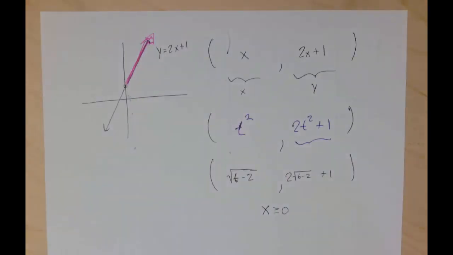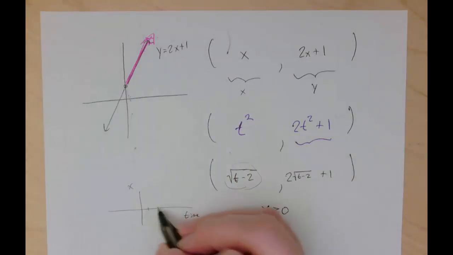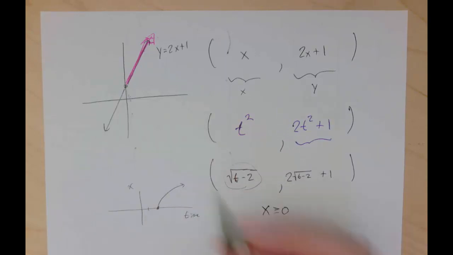The reason why is because if you think about this graph, here's time, and here's the x-coordinate. This is a right-shifted square root function. So the smallest thing time can be is 2, but time doesn't really affect the path here.